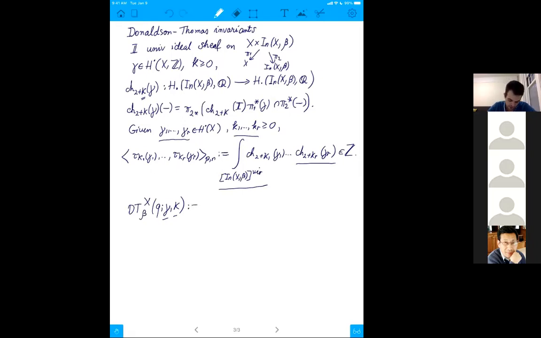So this generating series will be a Laurent series in Q. The coefficients are this Donaldson-Thomas invariant times Q to the n. And then we also define the full series, after all 2-dimensional homology classes.